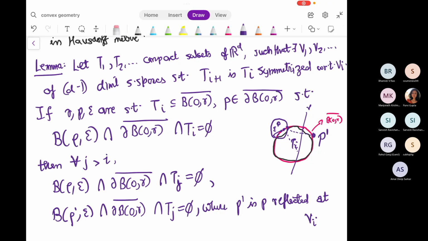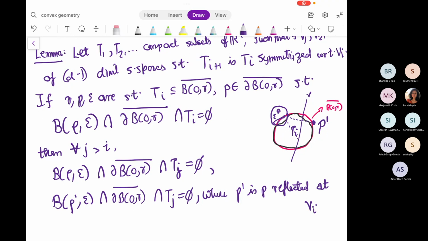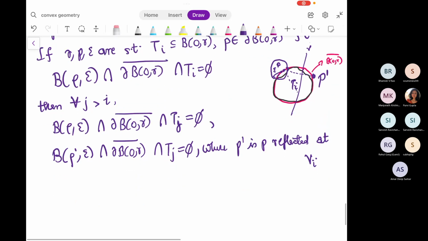As you see, it's enough to prove it for j equal to i plus 1, because then you can repeat the argument with i plus 1, i plus 2, and so on. So I did not need to take a sequence in the first place, but for convenience I've taken it as a sequence because I'll be applying the theorem for a finite sequence.